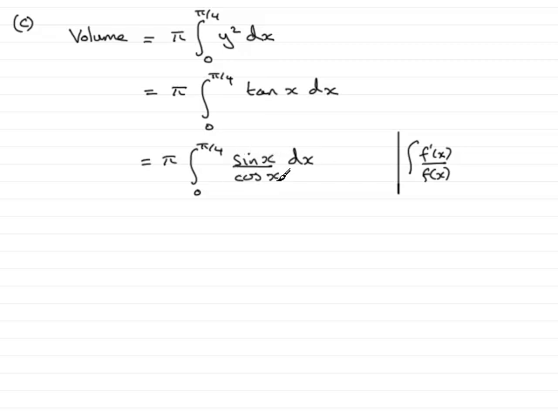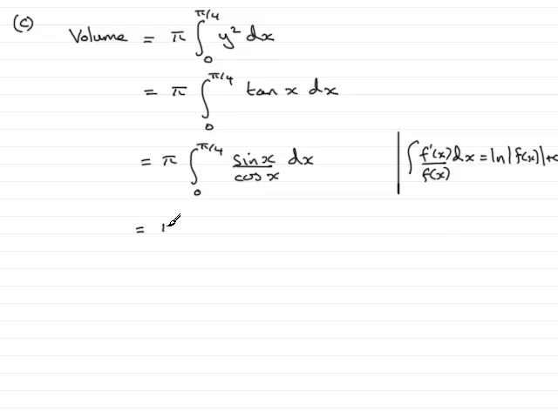Well, the differential of the bottom, cos x, is negative sine x, and essentially it is, because if you get one of these integrals, it reduces down to the natural log of the mod of f of x plus c.